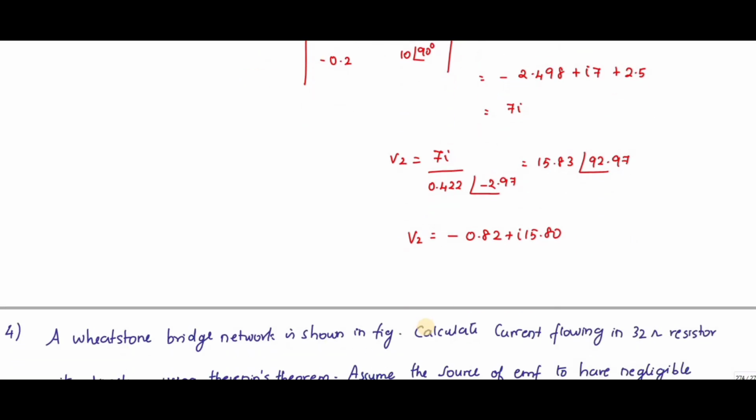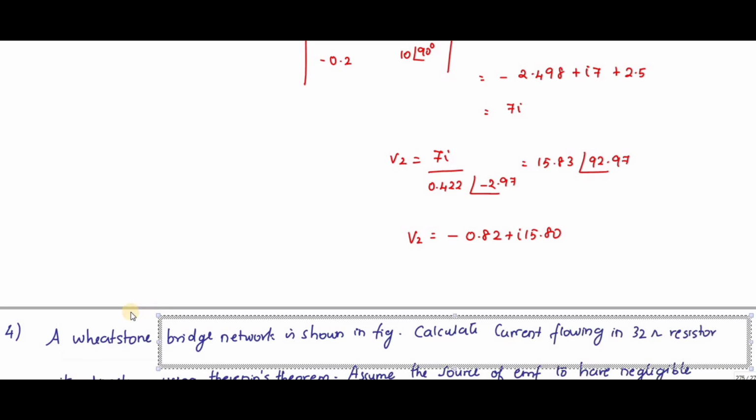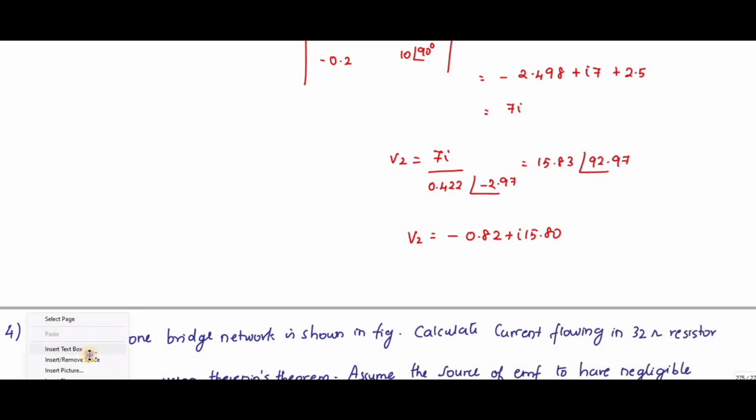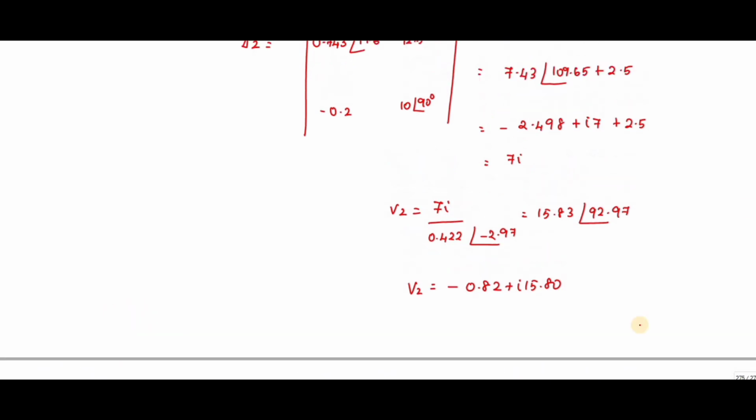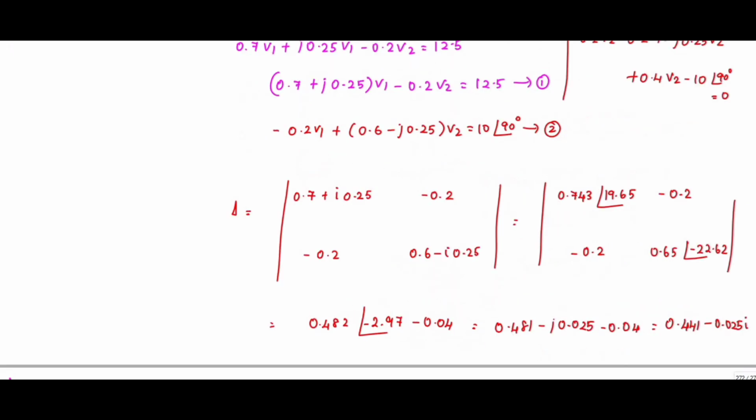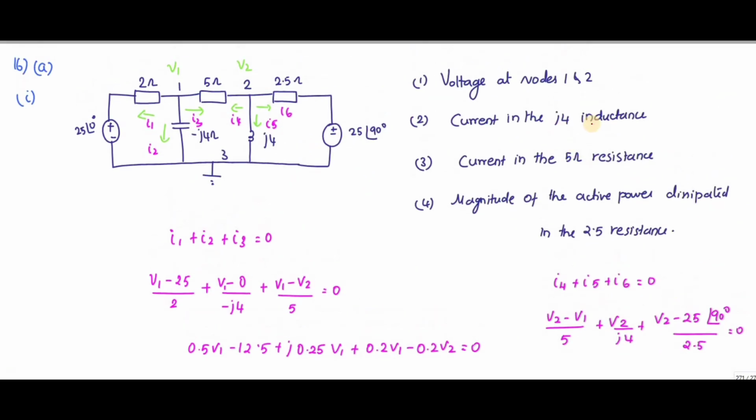So what they are asking is to find the value of the current flowing through the J4 inductance. So you have to divide V2 by J4.